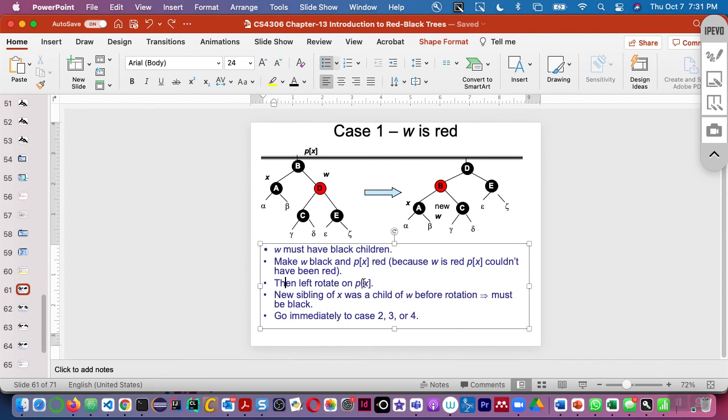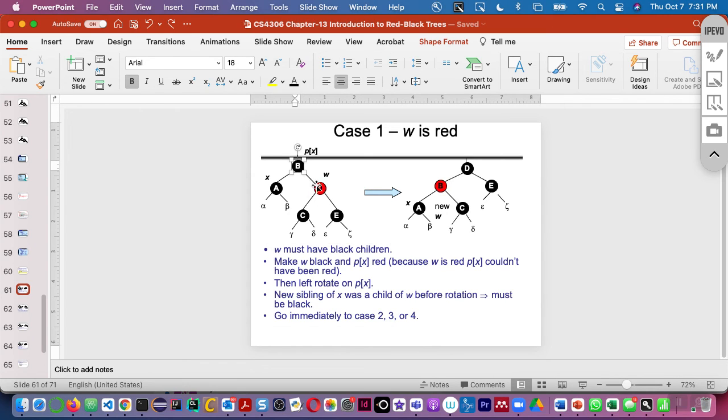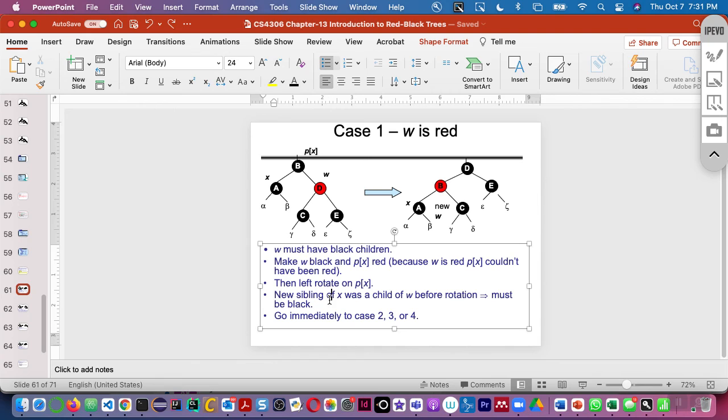So then make a left rotation on PX. If you make a left rotation on PX, then the sibling of X, or the children before rotation, must be black. This is the left rotation.